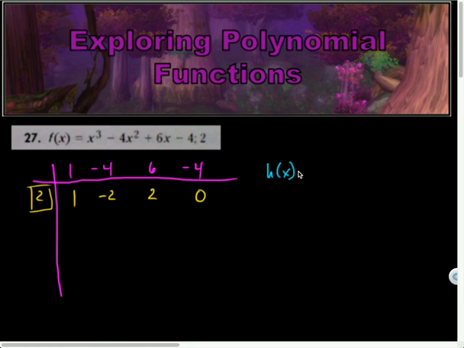So h of x would have... What is h of x here? What is my depressed polynomial? X squared minus 2x plus 2. And when I looked at this real quick, I realized that 1, that's not factorable, and 2, I don't think that it crosses the x-axis anywhere.